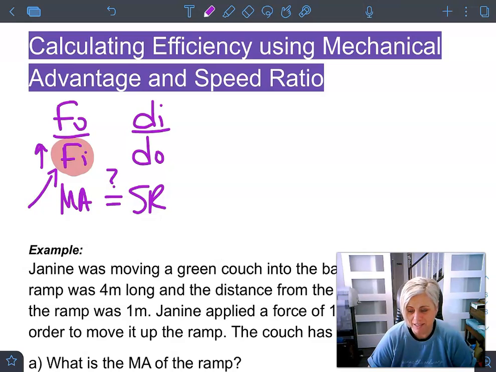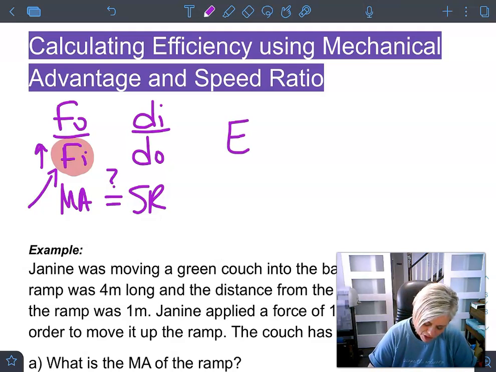I've always compared it to students calculating their percent on a test. You want to see what you got compared to the maximum amount of marks, and then we use a little equation to calculate the percentage. And we use a very similar equation right here to calculate a machine's efficiency.